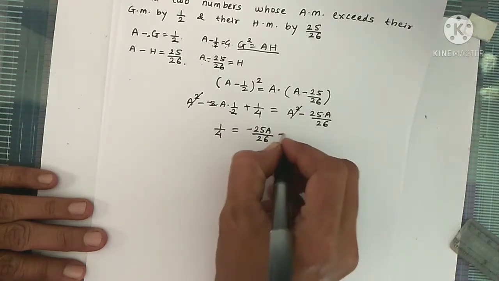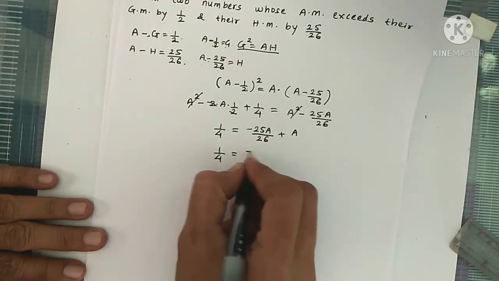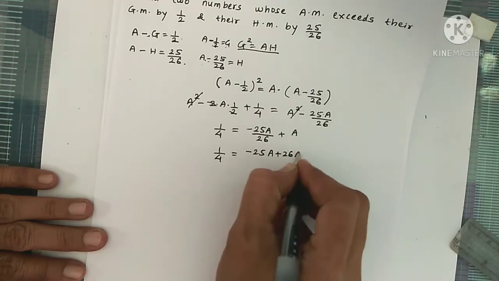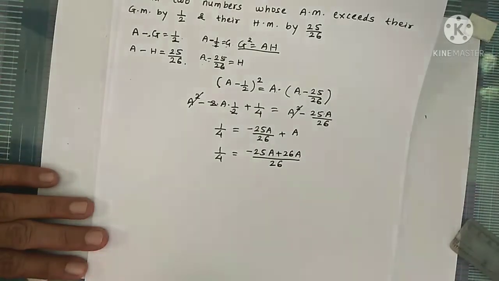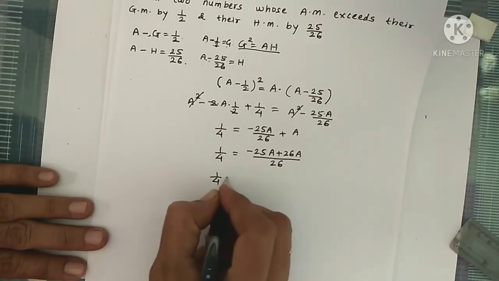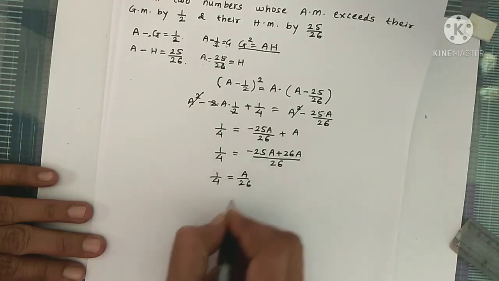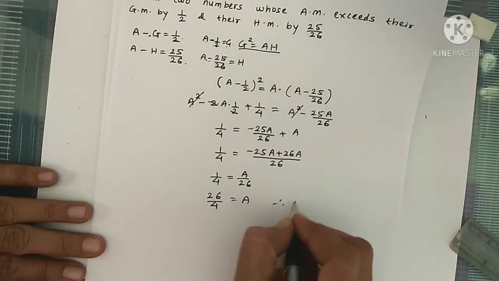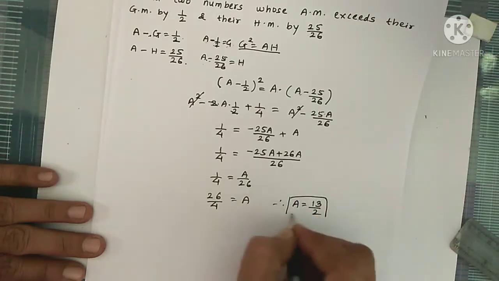Minus 25A by 26 plus A. So 1 by 4 equal to minus 25A plus 26A upon 26. So 1 upon 4 equal to, now this is A only, A by 26. So A equals 26 divided by 4. Therefore value of A is 13 by 2.